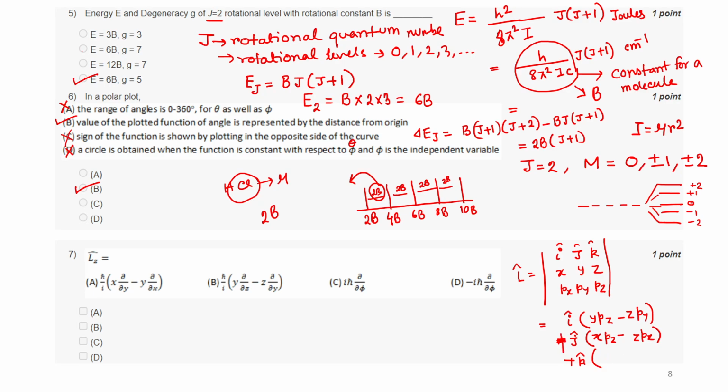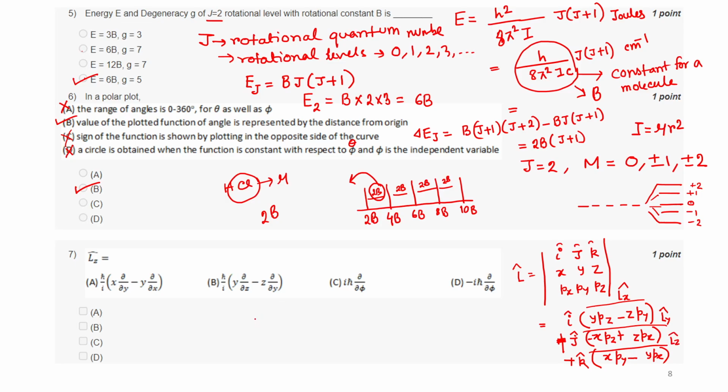Let us take this as plus, this minus, and this plus, and when it is the k vector then it is x Py minus y Px. Now this is your Lx, this is your Ly, and this is your Lz, right?